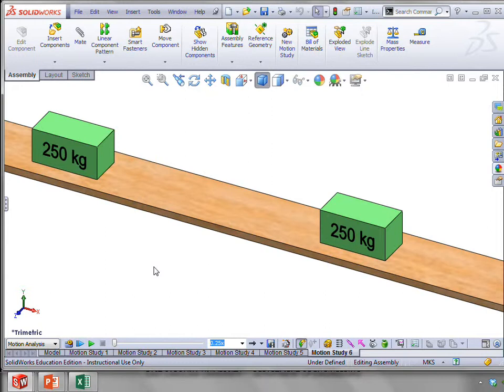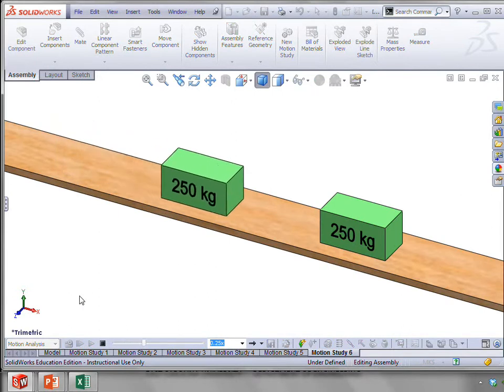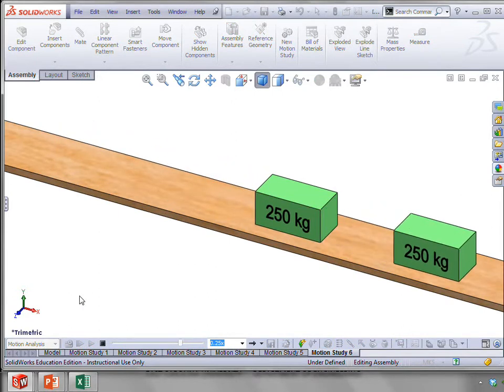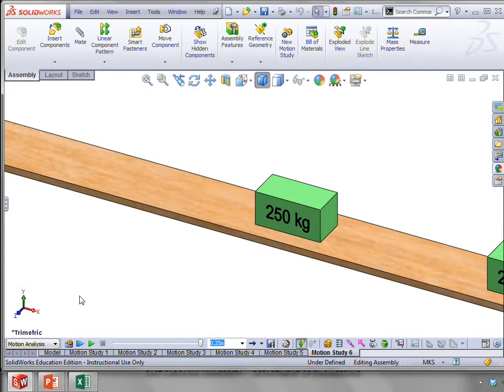In this case, it's going to be 5 meters per second, and block B has an initial velocity equal to 0, and the coefficient of restitution is equal to 1. In that case, after the collision, block A will stop and block B will move along with the same velocity that block A came in with.